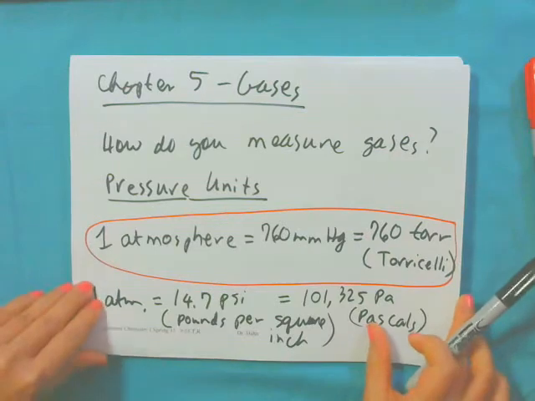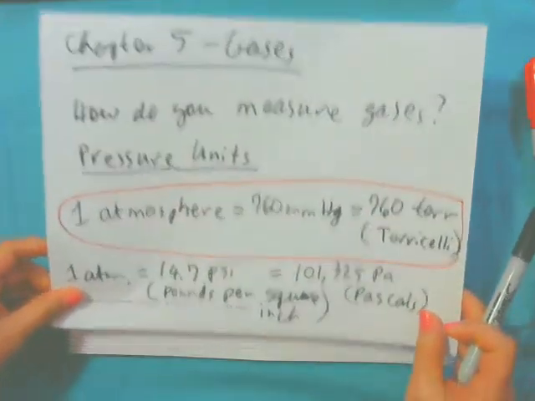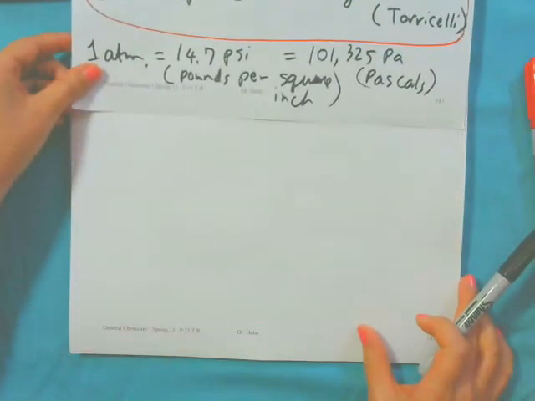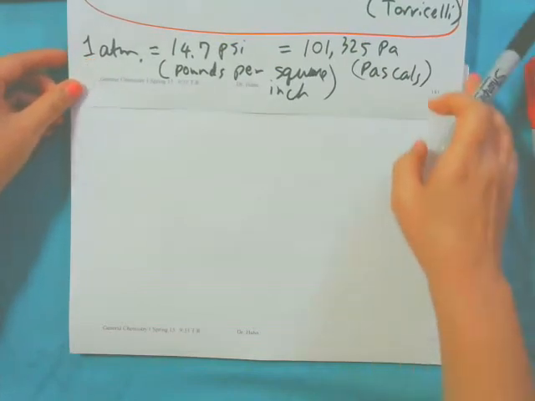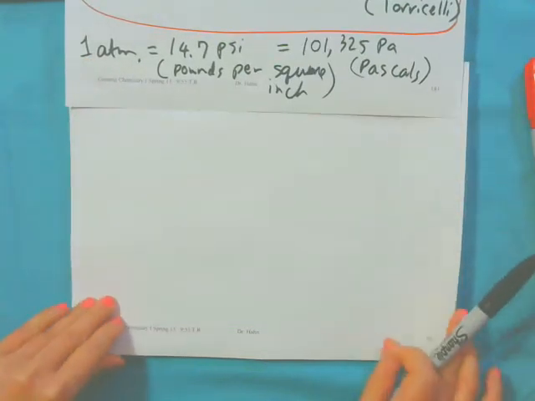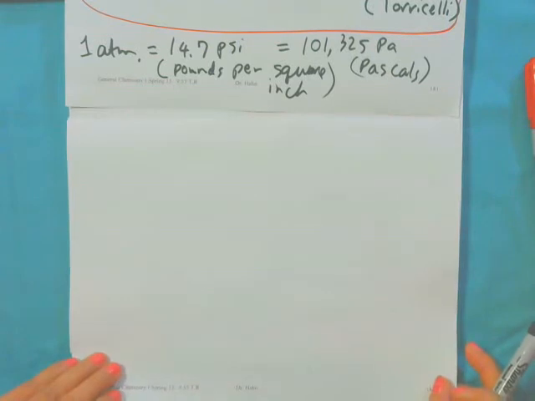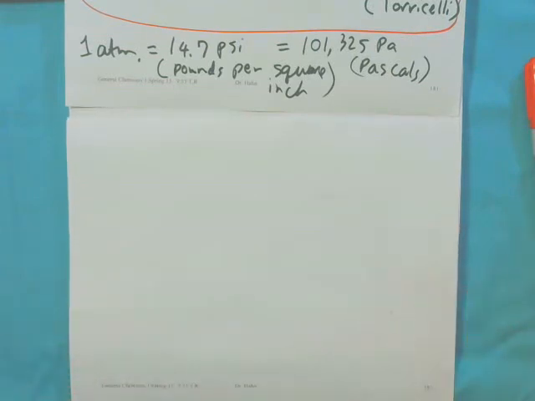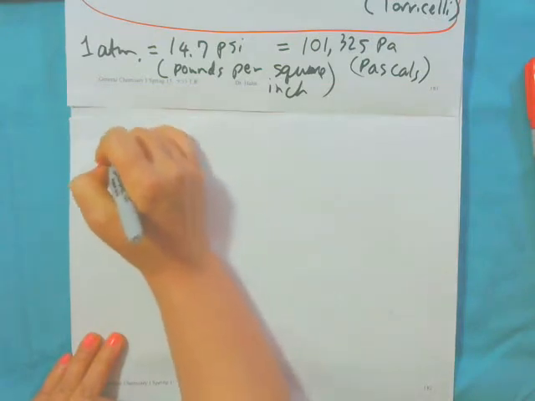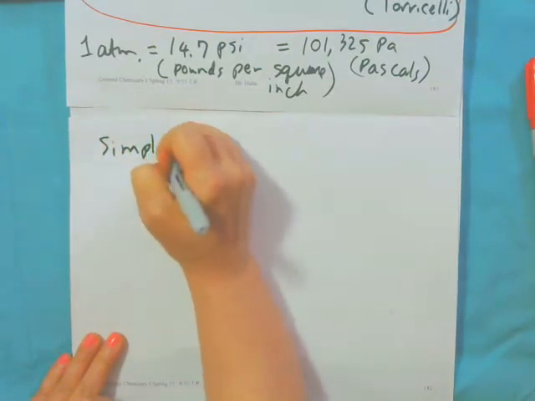Okay, so then we're going to measure pressure, but we're also going to look at other things related to measuring how much gas you have, and those would be things like volume, temperature, pressure, and number of moles. Now we're going to look at some simple gas laws.